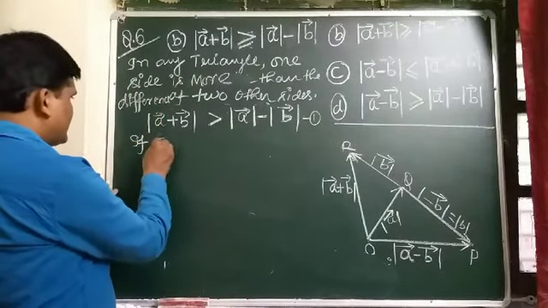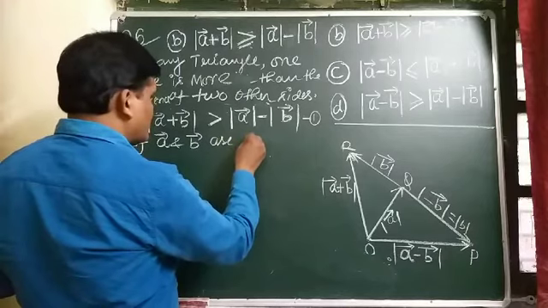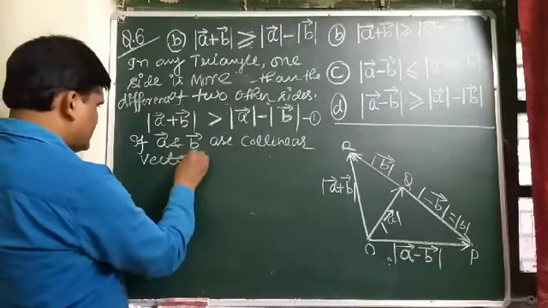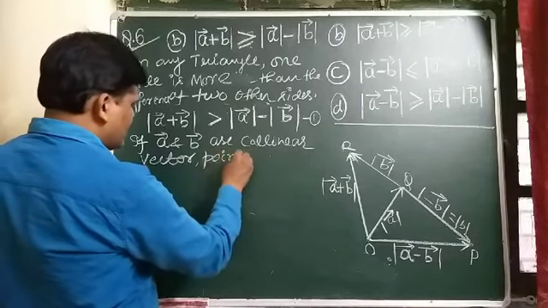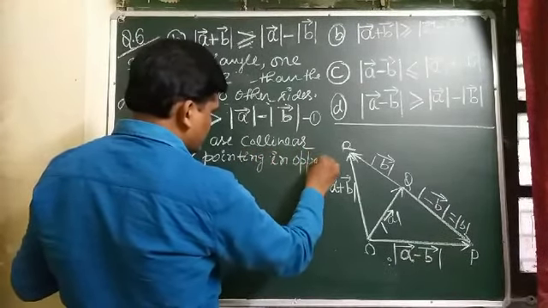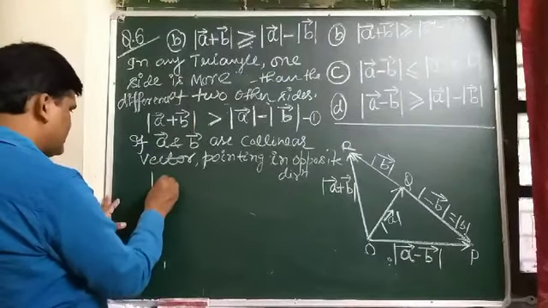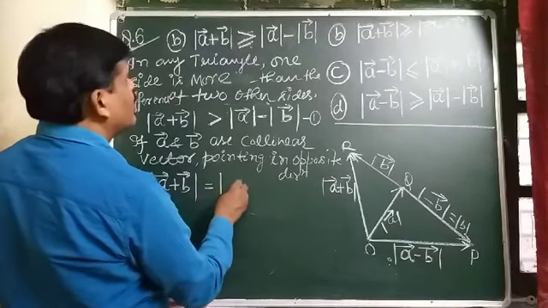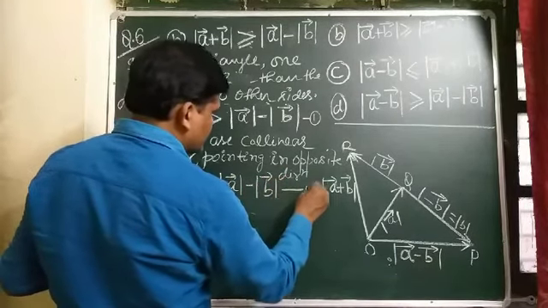If vector A and vector B are collinear vectors pointing in opposite direction, in this case we can write mod of vector A plus vector B is equal to mod vector A minus mod vector B, and this is equation number 2.